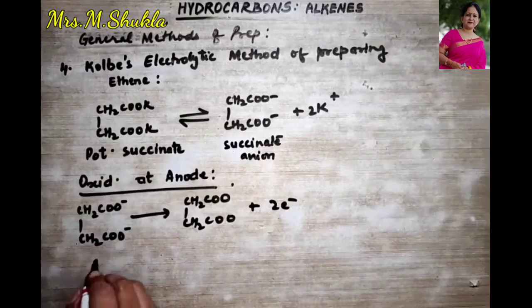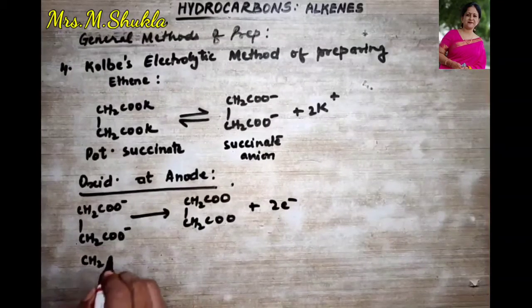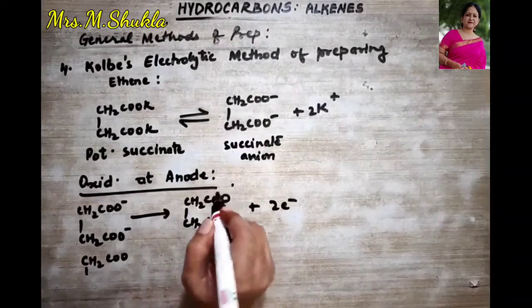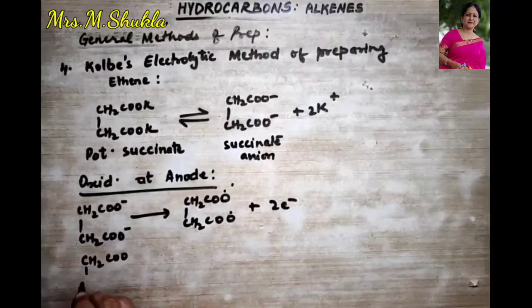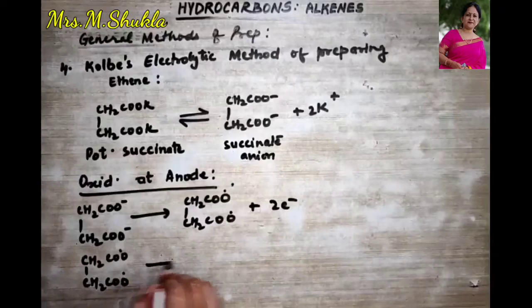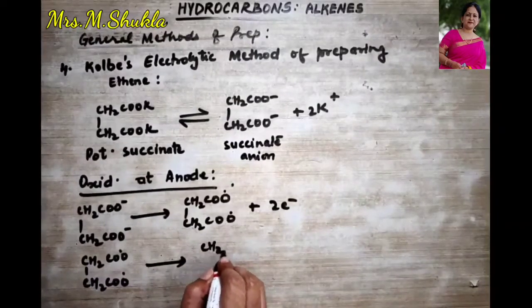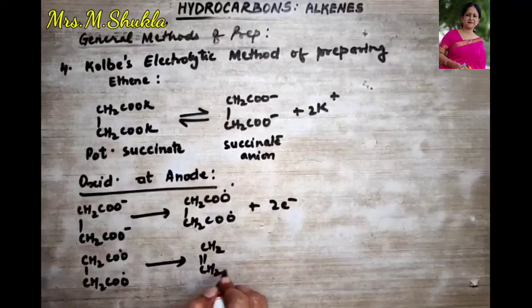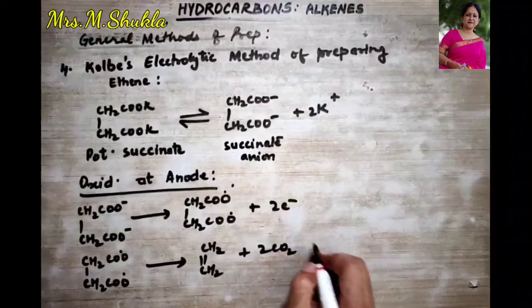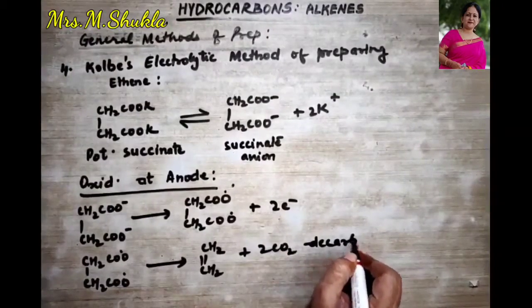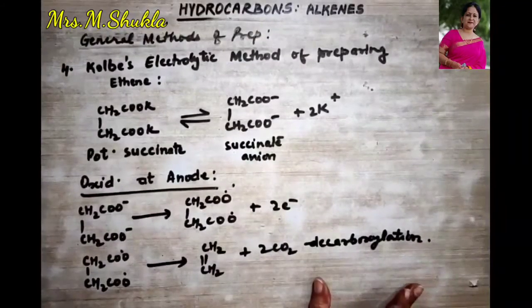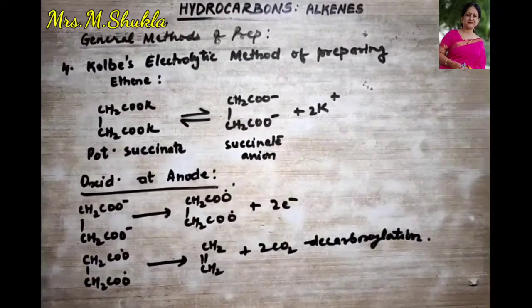Further, this succinate free radical is going to give us ethene, CH2 double bond CH2, and carbon dioxide will be given out. So over here, decarboxylation takes place. Okay, I hope this is clear to you.